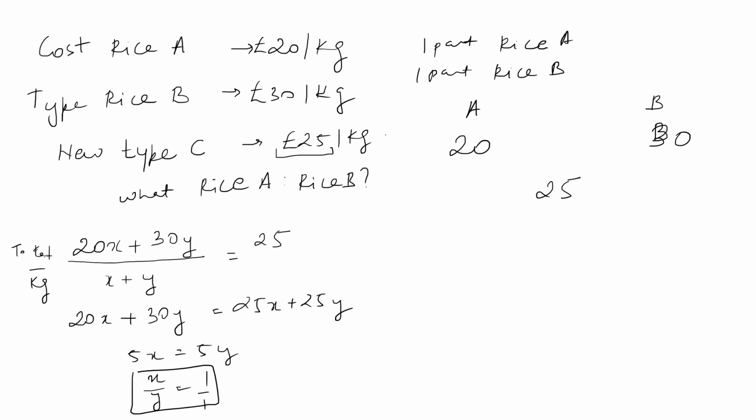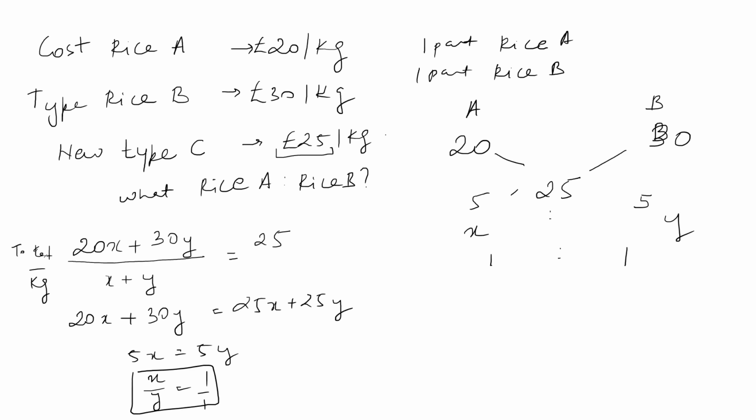Here you'll get the values of X and Y, that is, how much part of A you're putting in and how much part of B you're putting in. Now how do we get that? Here we just simply cross subtract. The difference between 20 and 25 is 5. The difference between 30 and 25 is 5. So 5 and 5 will give me a ratio of 1 to 1.